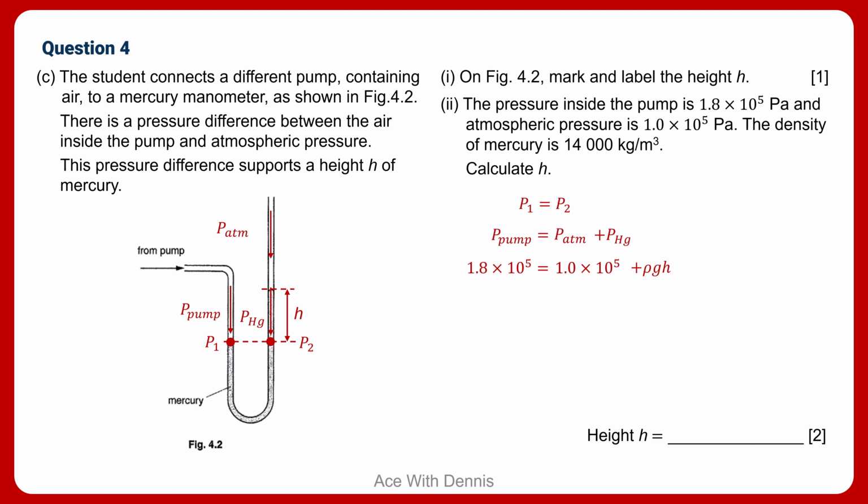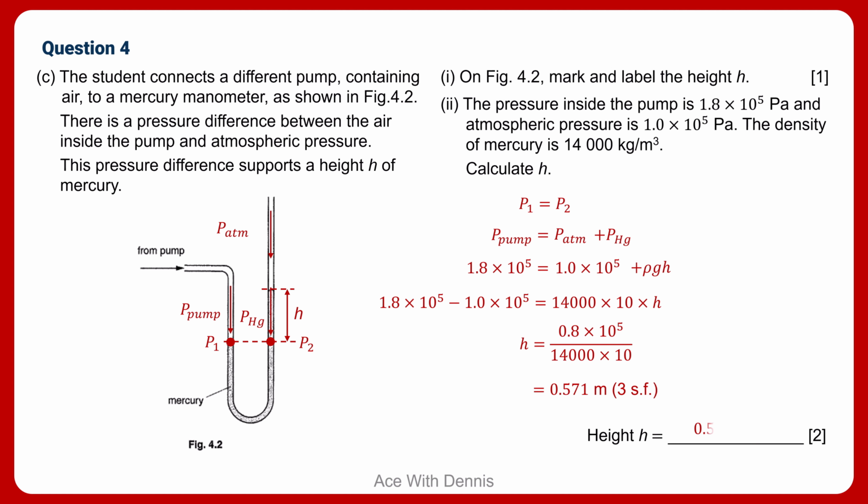For the pressure of mercury, we can apply the formula rho g h. We know that the rho given is 14,000 kg per meter cube and g is 10. Alright, and we calculate h, we get 0.8 times 10 to the power 5 over 14,000 times 10, and the answer is 0.571 meters rounded to 3 significant figures.